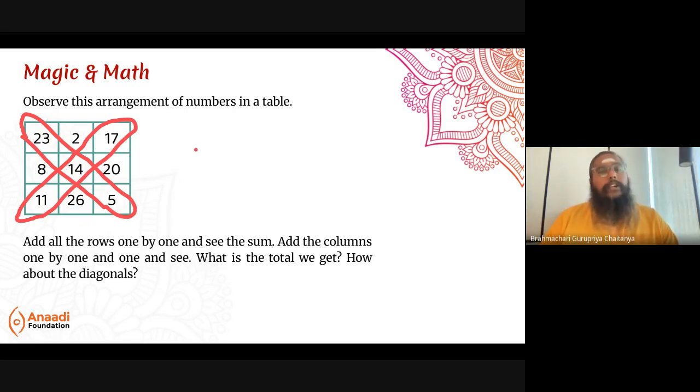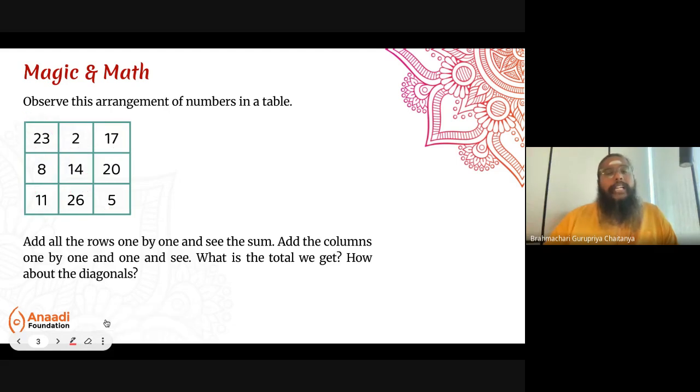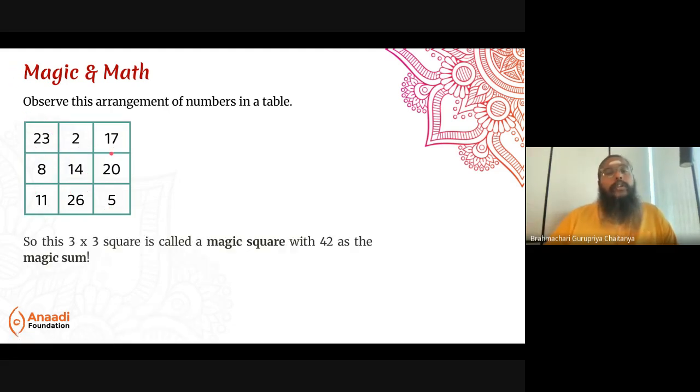So this is called a magic square. This kind of an arrangement had multiple values in the Indian tradition. So the rows, columns, and diagonals all add to 42, and such an arrangement of a square is called a magic square, with 42 as the magic sum.